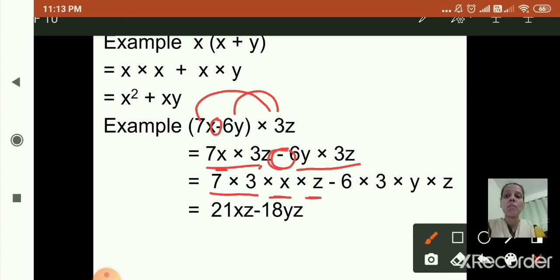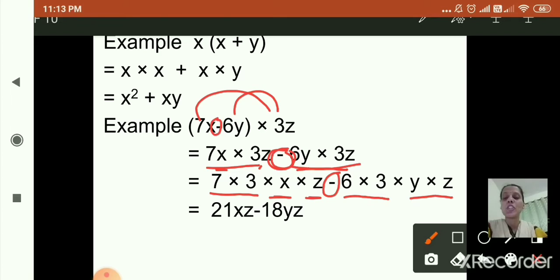In between, the minus sign as it is. Here also the same, 6y multiply by 3z. First we will multiply the coefficients, 6 multiply by 3, and while writing the coefficient you will write that coefficient with the sign. So what is the sign for 6? Minus. So minus 6 multiply by 3, and y and z are the variables that we will multiply separately.